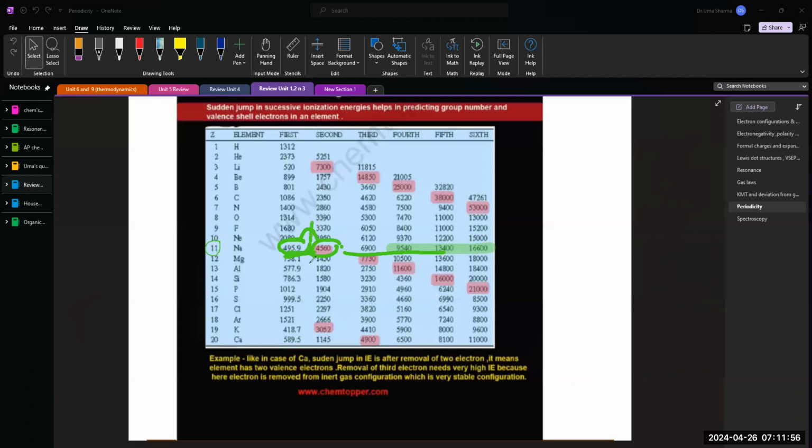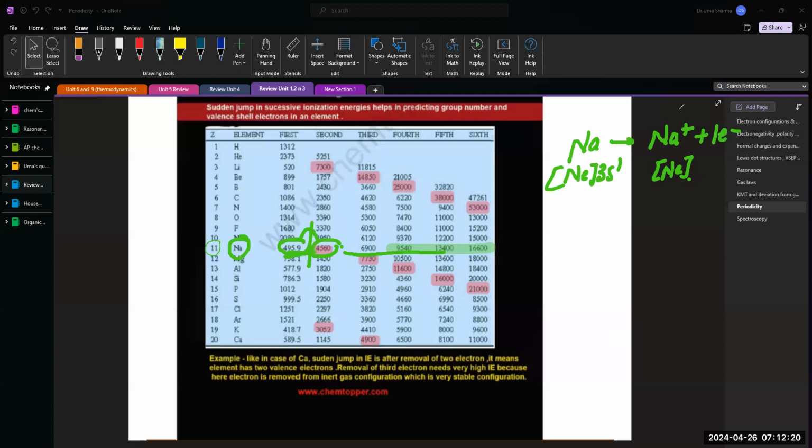This big jump indicates that sodium has only one valence electron. You know, when you are removing electron from sodium, what's the electron configuration of sodium plus? Neon. And that's what Aditi was talking about.